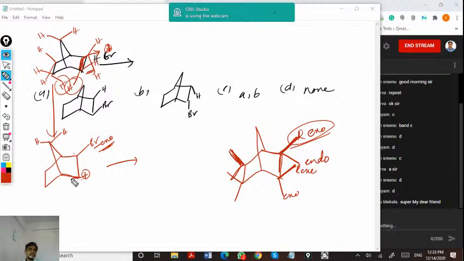Generally NGP is going to happen, but there are no groups resulting in NGP. Now what's happening? This is a bicyclic system. When a carbocation generates, it is going to give a non-classical carbocation system. We studied non-classical carbocations.